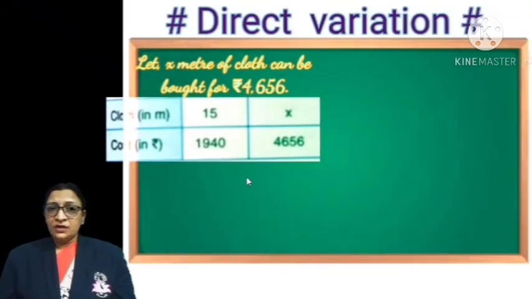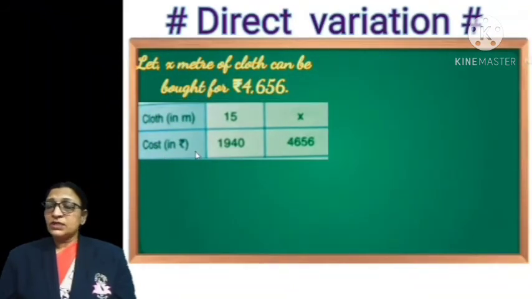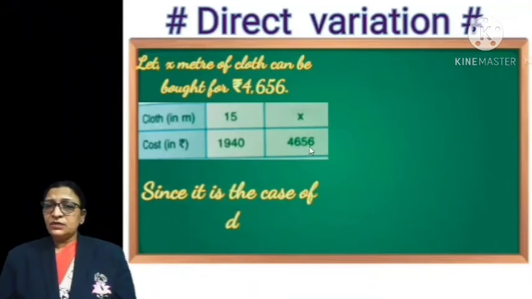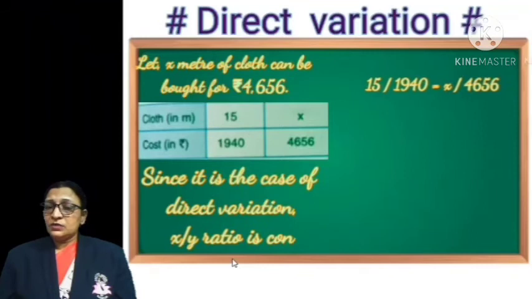We will use this chart in which cloth in meters is taken with cost in rupees. 15 meters with 1940 rupees cost and x meters is equal to 4656 rupees cost. Since it is the case of direct variation, the ratio x upon y is constant.